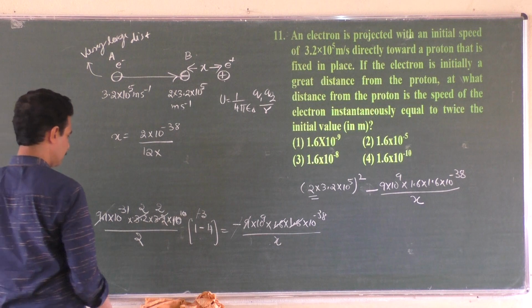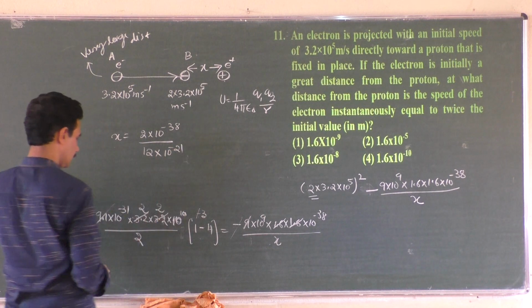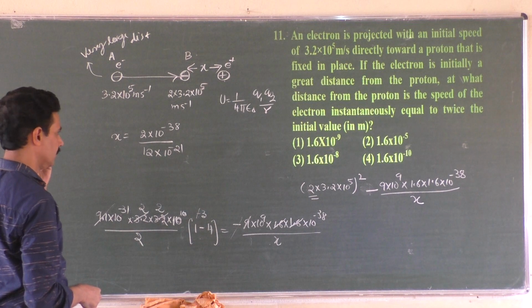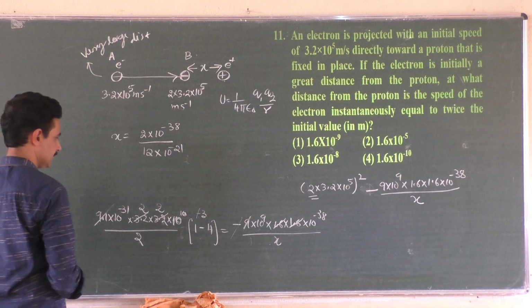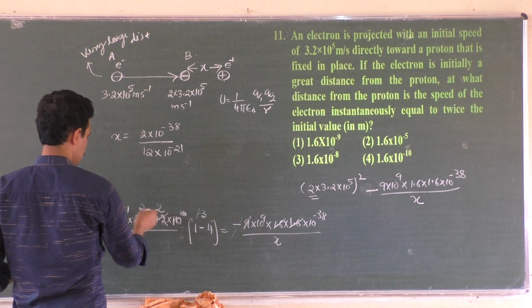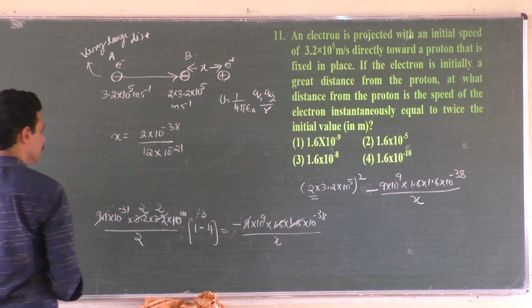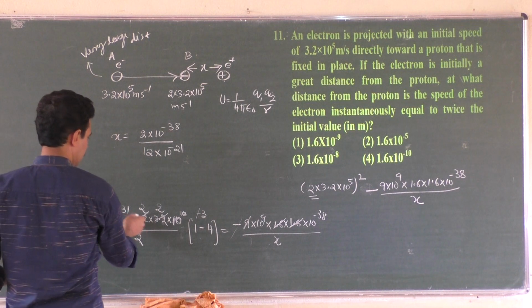And what about 10 to the power? Minus 21. Is it okay? Anything else remaining? Minus 21. Okay. 10 to the power minus 31. And this is 2 2s are 4, 4 3s are 12. Okay, that's right. Minus 31.